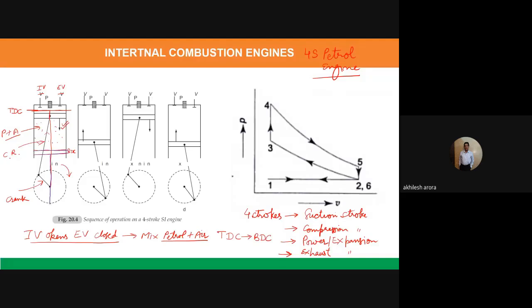So this is how it looks. Once again it is a straight line. However, in between, suppose the piston is here when it is moving downwards. So this is the connecting rod, and this is the position of the crank. This is how it takes place.